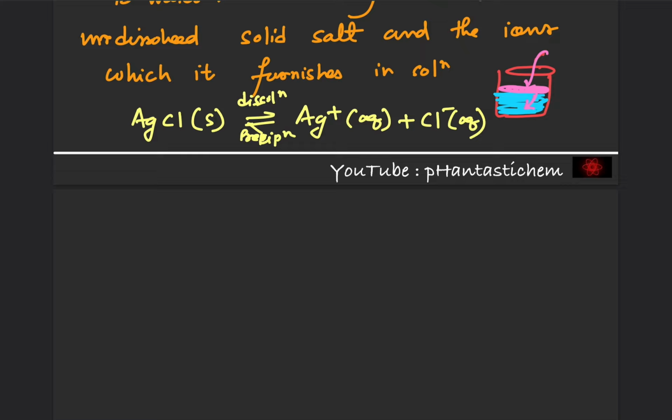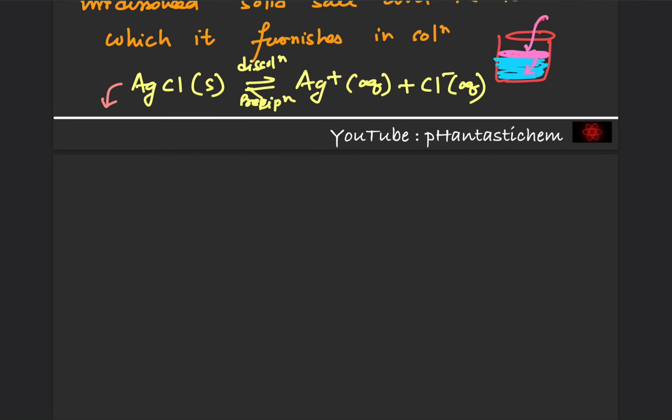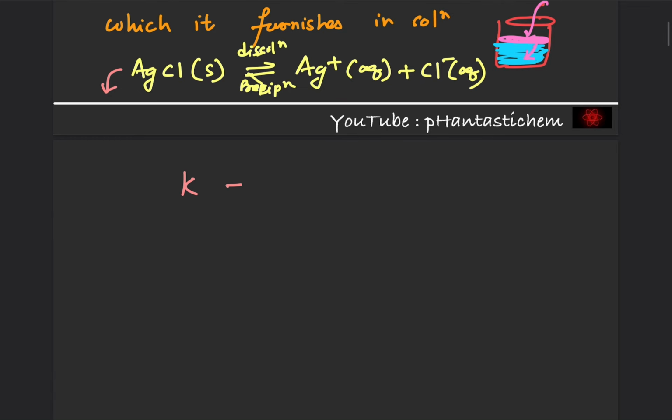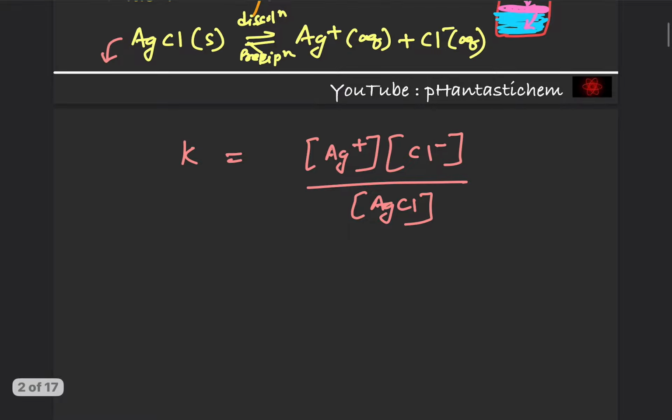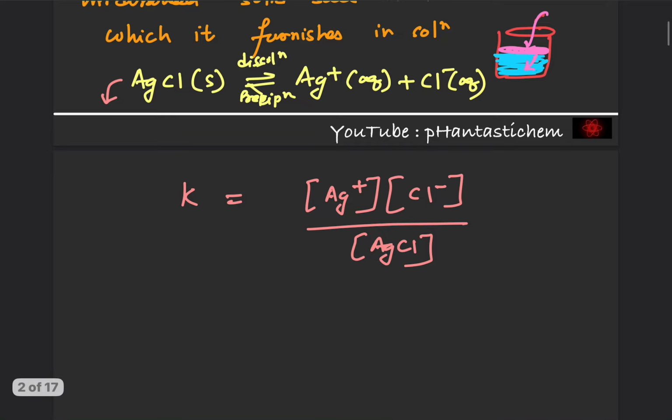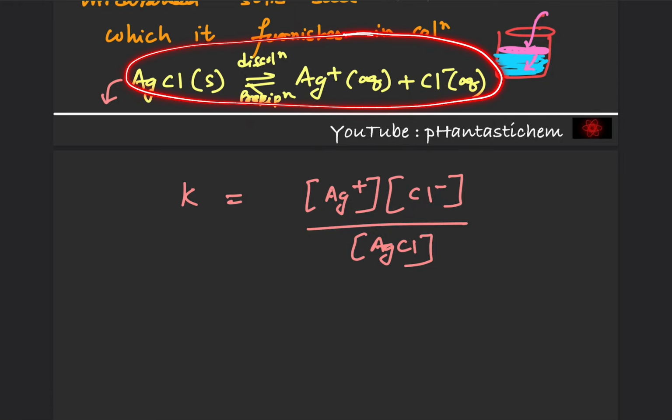Okay. So then we can apply the law of chemical equilibrium to this particular reaction. So we will get K is equal to concentration of Ag plus times Cl minus divided by AgCl, right? And we know that concentration of undissociated solid is constant because it has reached equilibrium. So after equilibrium, the concentration does not change.